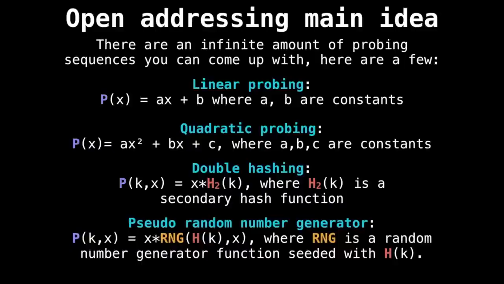So given a random number generator, we're going to seed it using the hash value of our key, which we know is deterministic, so it's always going to be the same thing. And then we can use that inside our probing function, which is pretty neat, and increment by x each time. And we know x increments by 1, so we're just getting the next number in the random number generator, and then the next one after that.